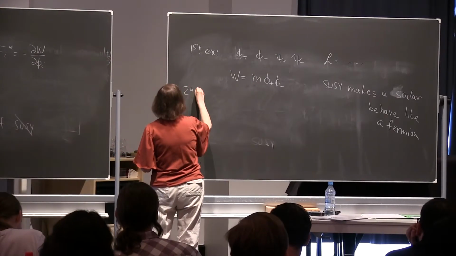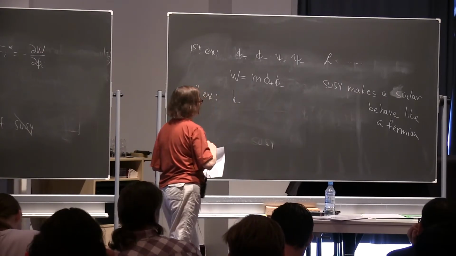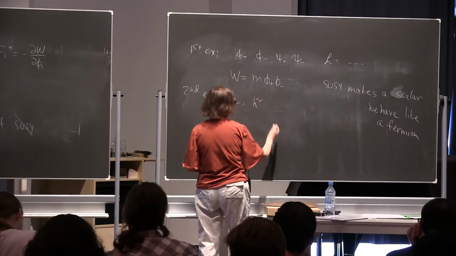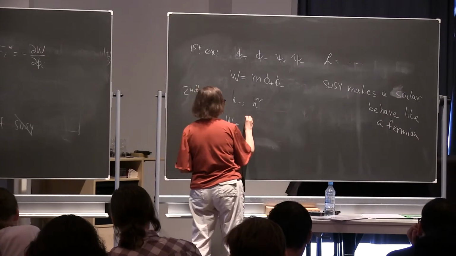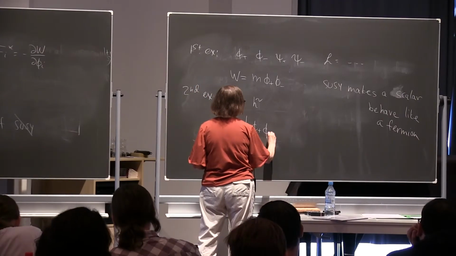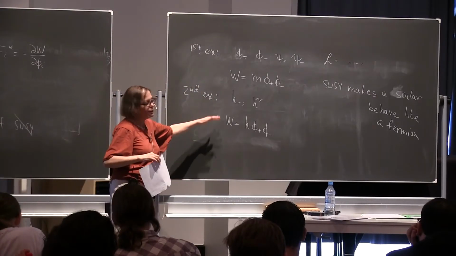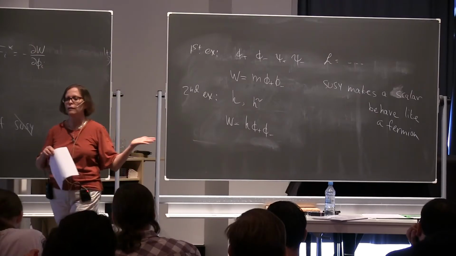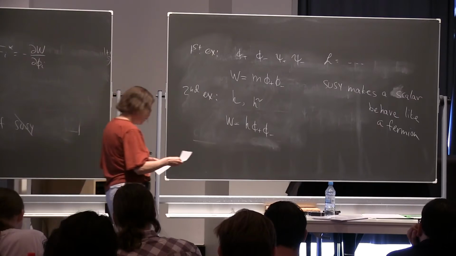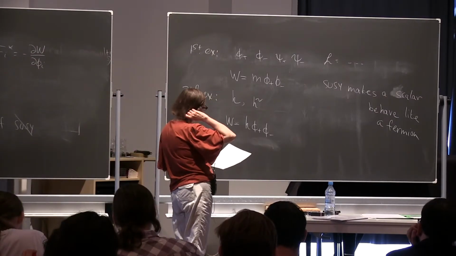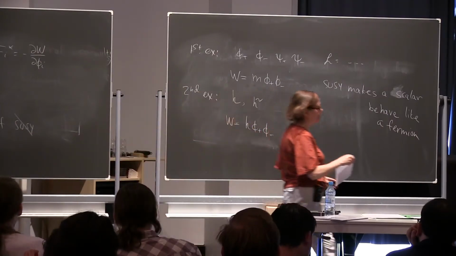Then we had the second example where we added this h to the story. So we added h and h tilde. What's the superpotential in this case? In this case, the superpotential is h phi plus phi minus. And again, you can take this superpotential and derive the Lagrangian, and you'll find the Lagrangian that we wrote down before. And once you work out this Lagrangian, you see that the interaction is completely dictated.